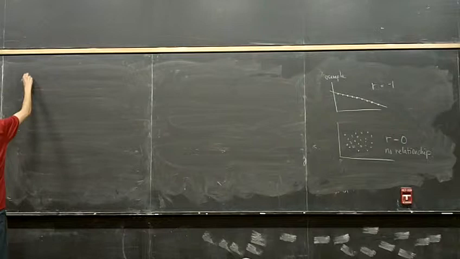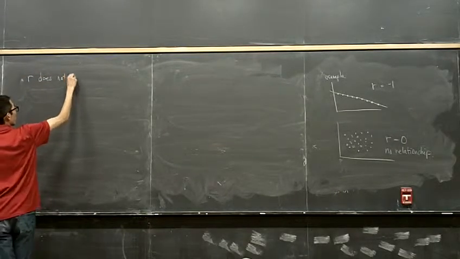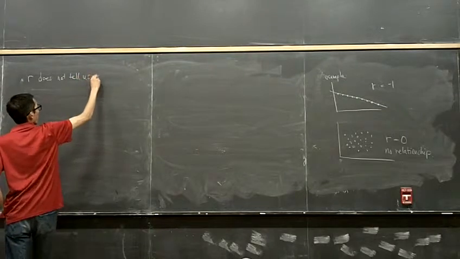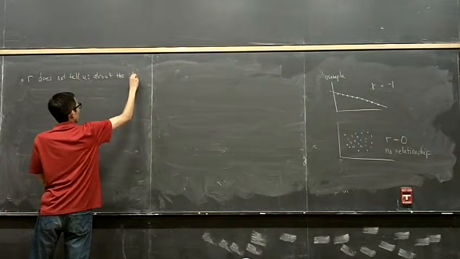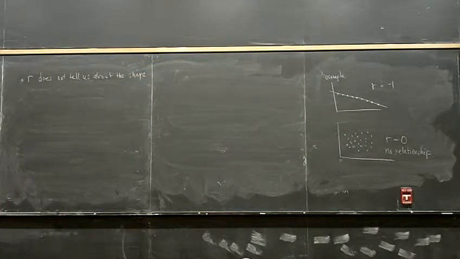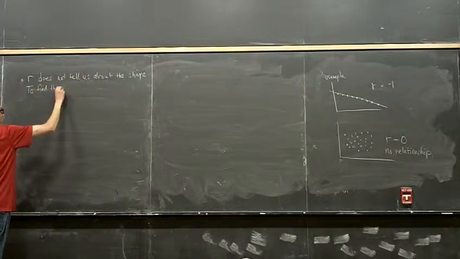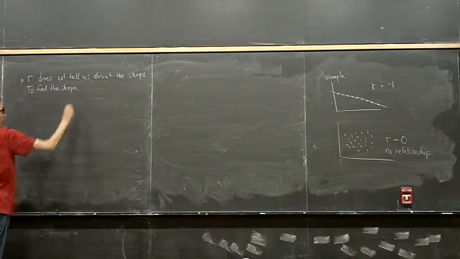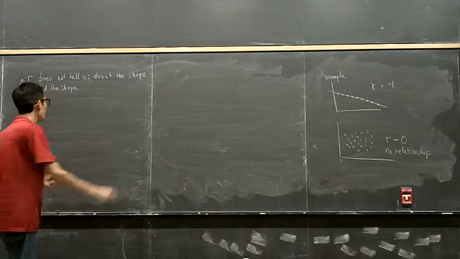So R does not tell us the shape. To find the shape, we have to make a scatter plot. Okay? There's no way around it.